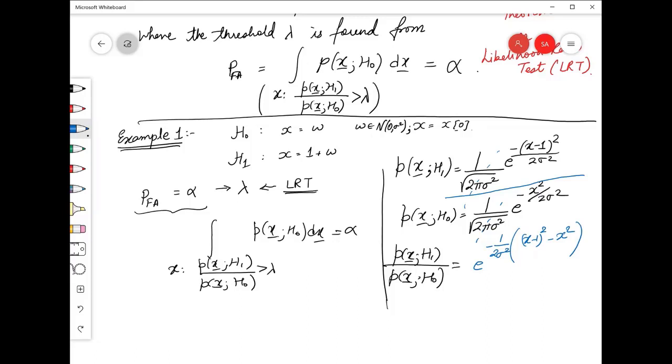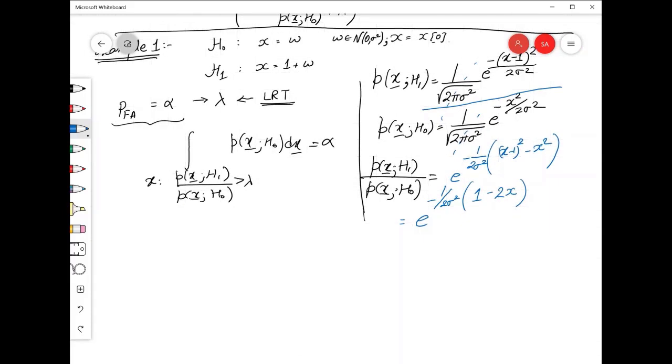If you expand this further, you are going to get e power minus 1 over 2 sigma square times (1 minus 2x).